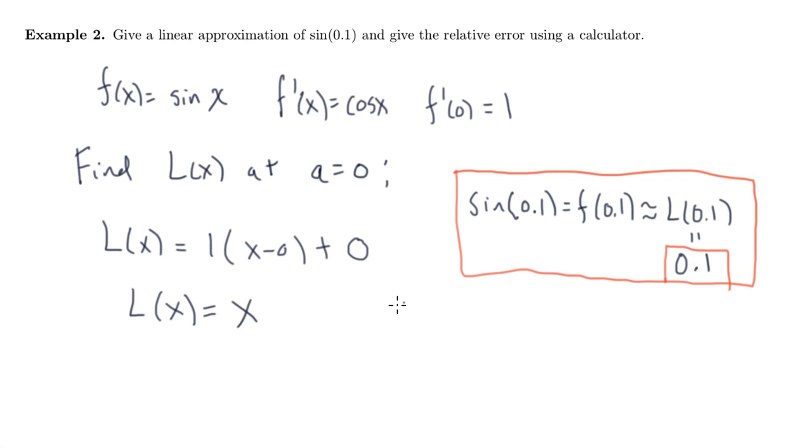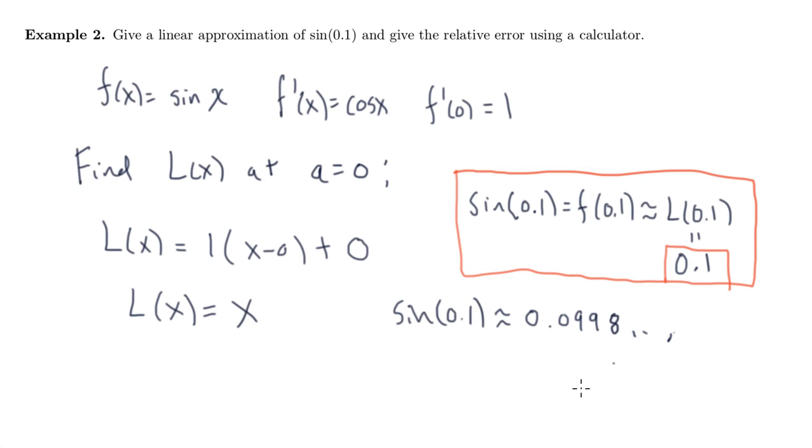Now if we use a calculator, we see that sine of 0.1 is approximately equal to 0.0998. We could keep going, but again, look how close it is. Just with this really simple linear approximation that sine of something is approximately equal to that something, it's very good.